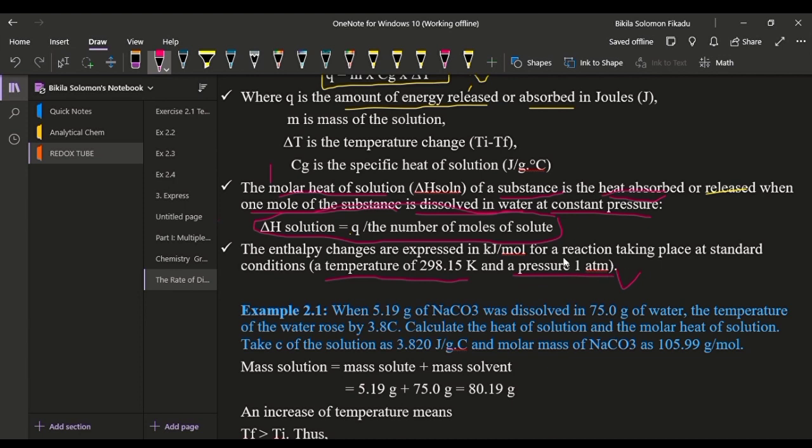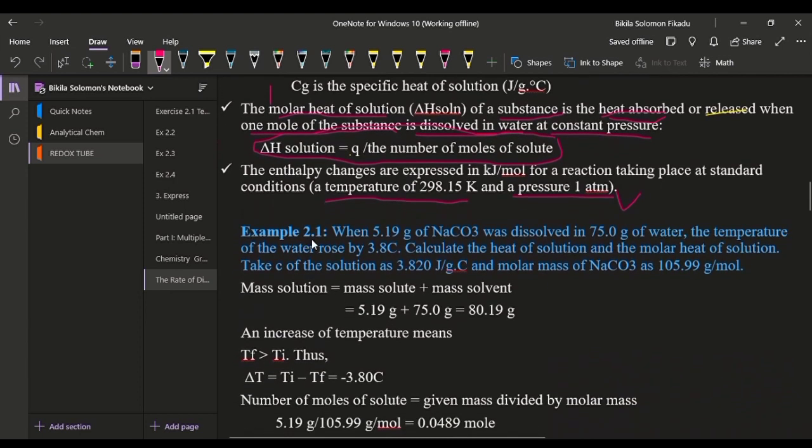ATM means atmosphere. So for example, when 5.1 gram of sodium carbonate fakkeenya kana gaafa laallu was dissolved in 75 gram of water yeroodha, sodium carbonate hangi isaa meeqadha? 5.1 giraamiin tokko yookaan immoo 5.19 sodium carbonatein bishaan kan giraama 75 keessatti dissolve yeroo ta'u the temperature of the water loss is 3.8 Celsius.